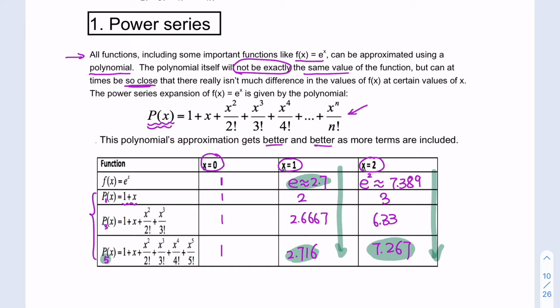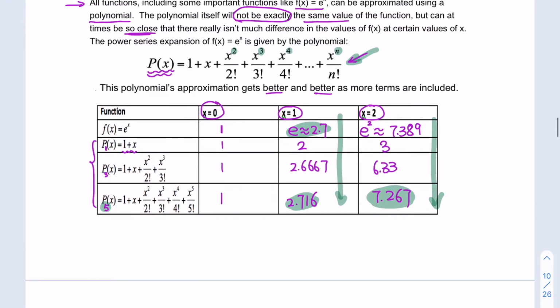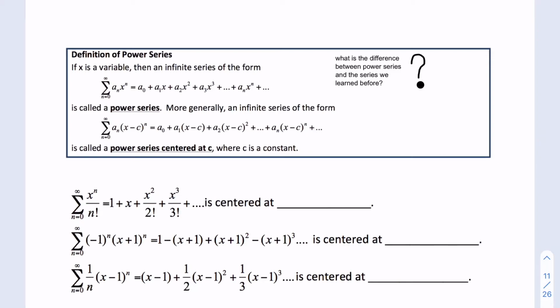So for this type of series, e to the x, 1 plus x to the first, x squared, x to the third, x to the fourth, x to the n, we have a very special name, which we call the power series. So the definition of power series: if x is the variable, then an infinite series in the form of a0 plus a1 x to the first plus a2 x squared plus a3 x cubed, and this form, we call a power series.